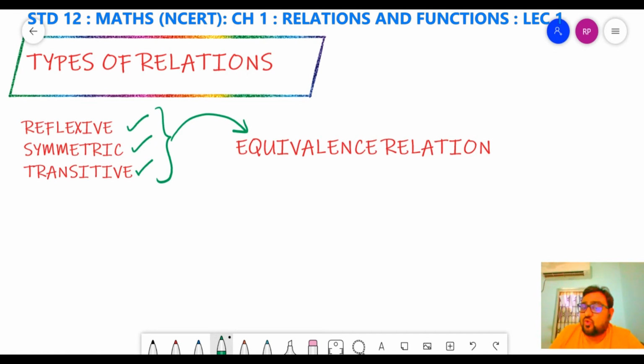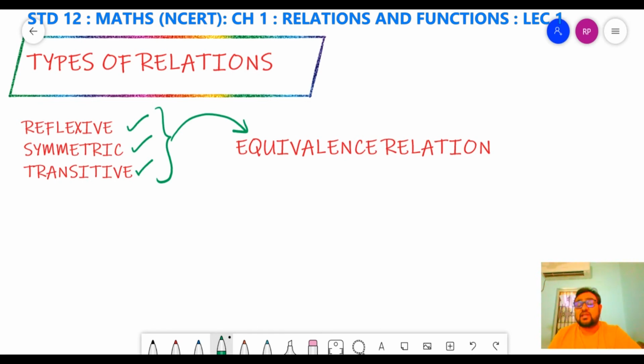So what type of question can we ask? Show or prove that the following relation is an equivalence relation. What you have to do in that? First prove that the relation is reflexive, then symmetric, and then transitive. If all three are there, then it will be an equivalence relation.